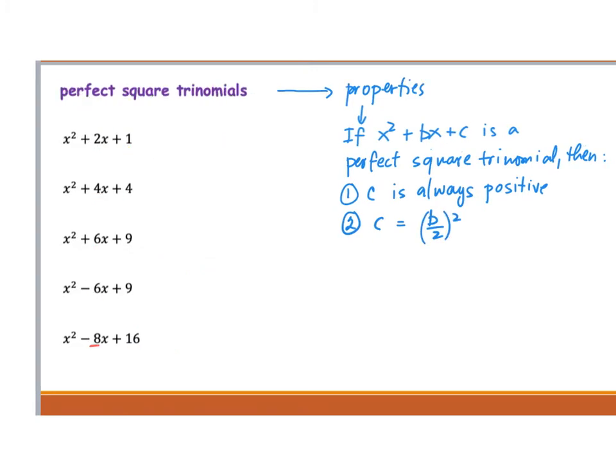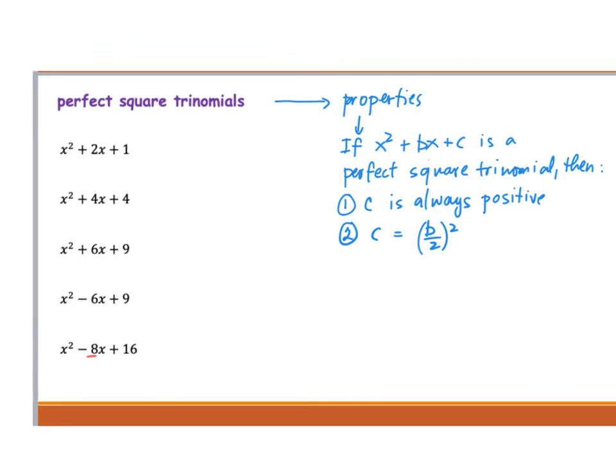The last pattern that I would like us to look at has something to do with the middle term bx. If we look at our first example, notice that the square root of x squared is x, and the square root of 1 is 1. Now when you multiply these two, x times 1 is just 1x, and when you double it, you'll actually get the middle term.